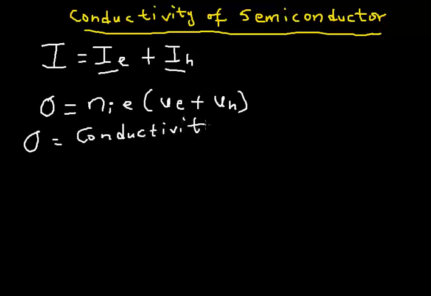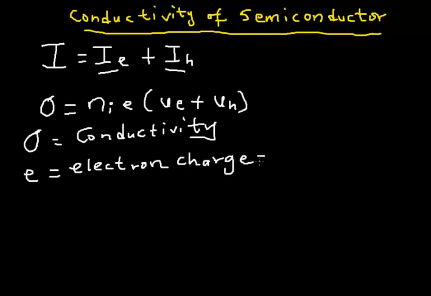Then e is the charge of an electron, which of course is a constant. The charge of an electron has a constant value, and that value is 1.6 times 10 raised to the power of minus 19 coulomb.